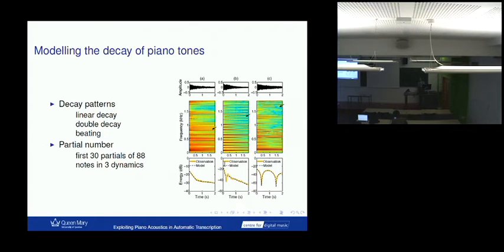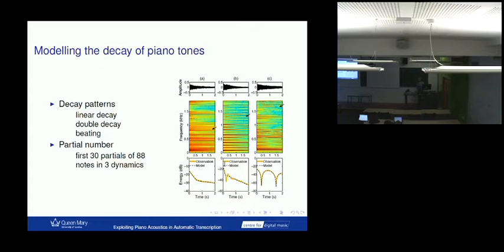After briefly introducing the background of piano acoustics and the NMF we used, we are going to our main work. The first thing is modeling the decay of piano tones. For this work, we try to track the decay shape of each partial. We know the vibration of one string will decay exponentially, and in the dB scale it can be fit by a linear decay.